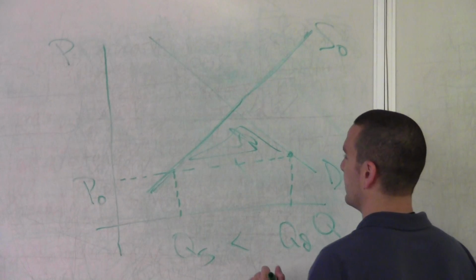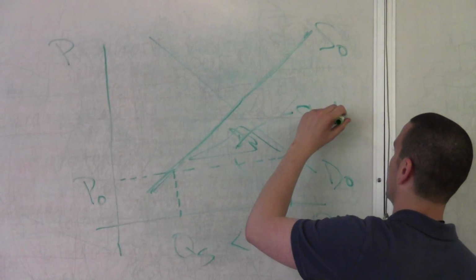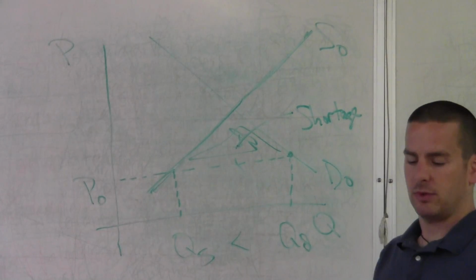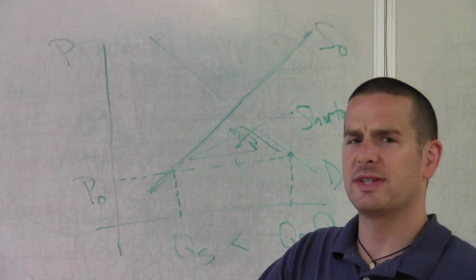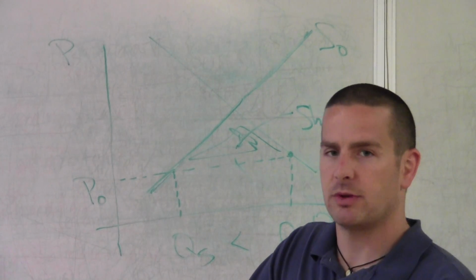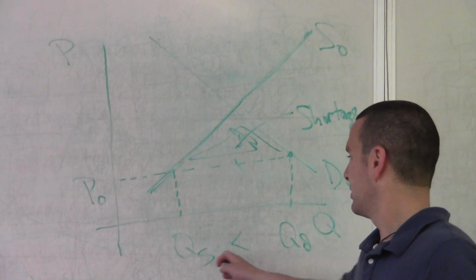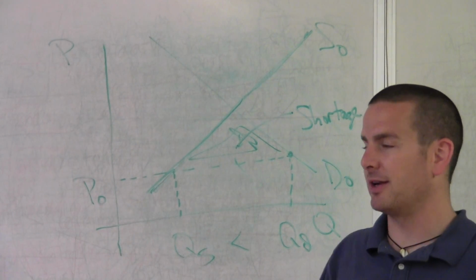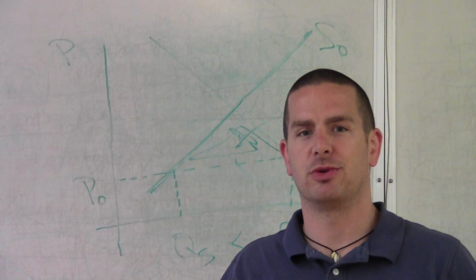You can't see that down there. This is a shortage. So with that shortage, what's going to happen? Just think if there was a shortage of water. If the quantity demanded of water was greater than the quantity supplied, something very obvious is going to occur.